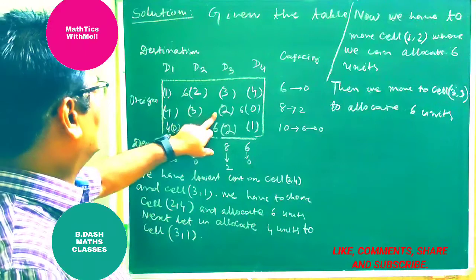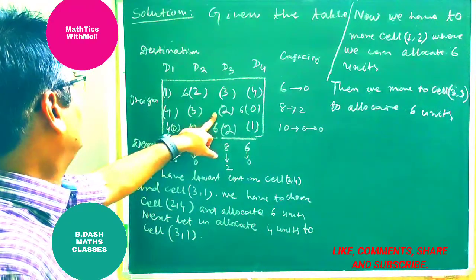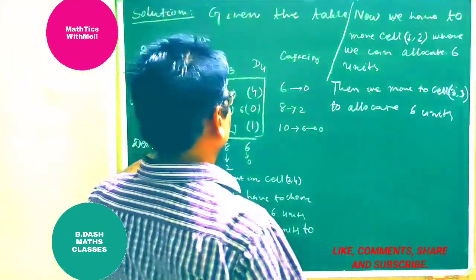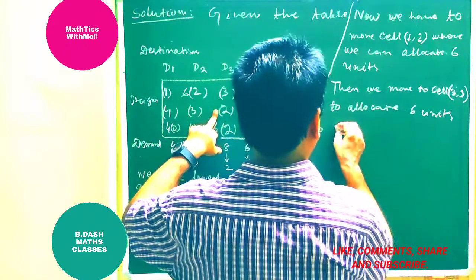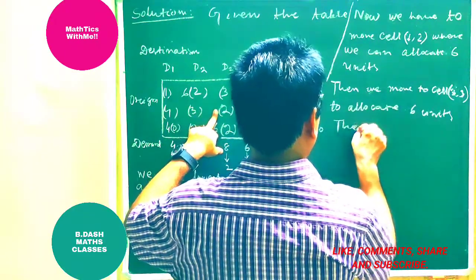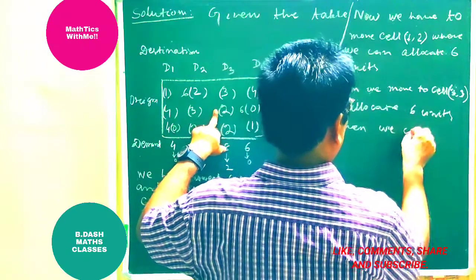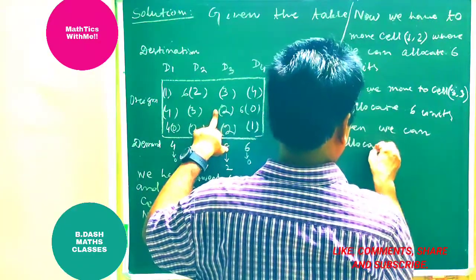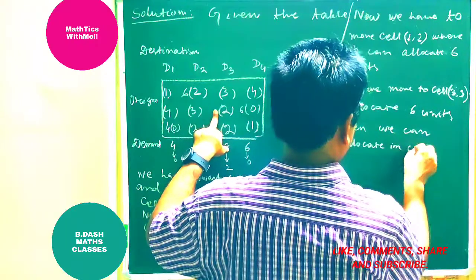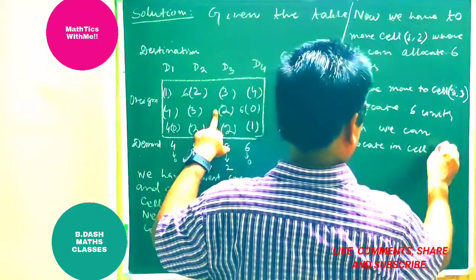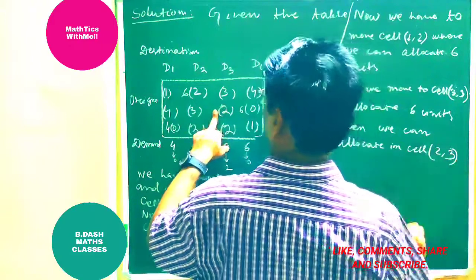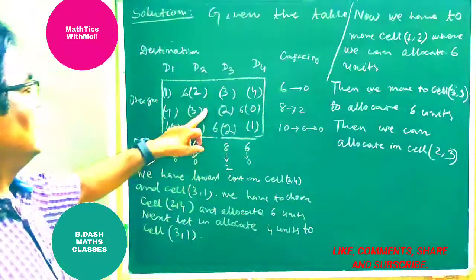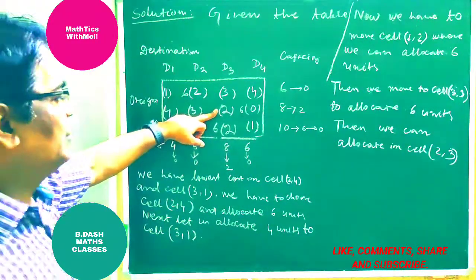Now the cell 2,3 is left where we have to allocate. We can allocate in cell 2,3, that is 2 units.